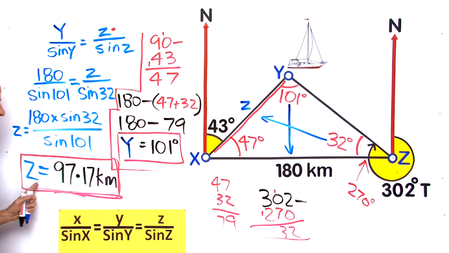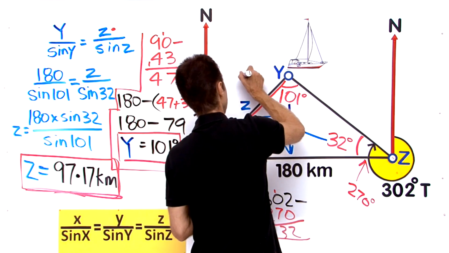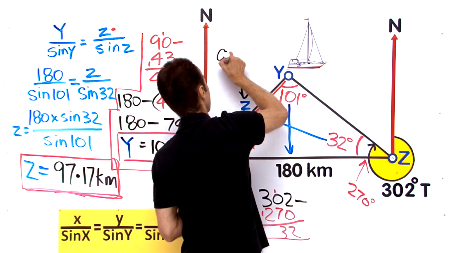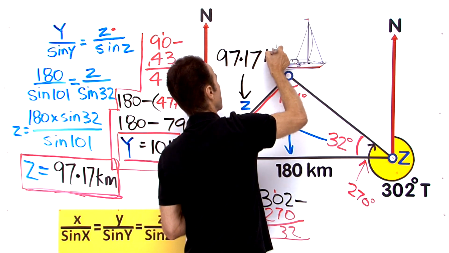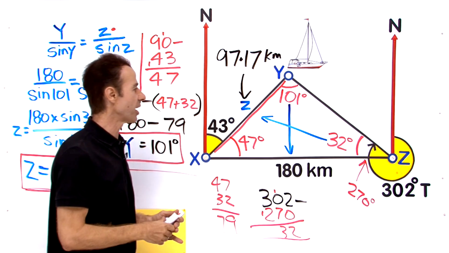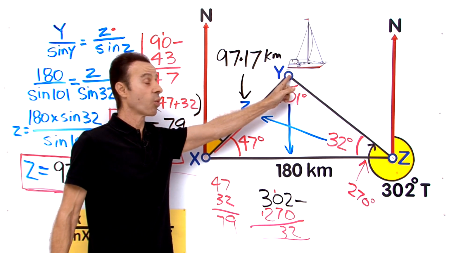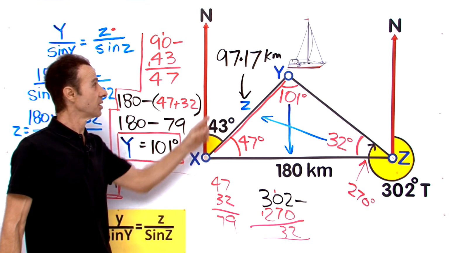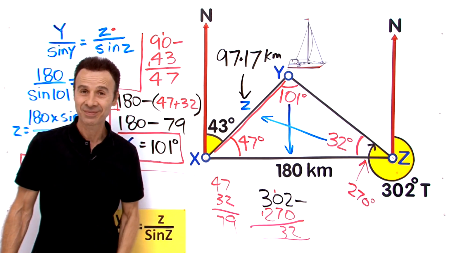So little z, the distance, equals 97.17 kilometers. So right there, we have the distance, 97.17 kilometers. The distance that the yacht Y is from the port X is 97.17 kilometers. There you go.